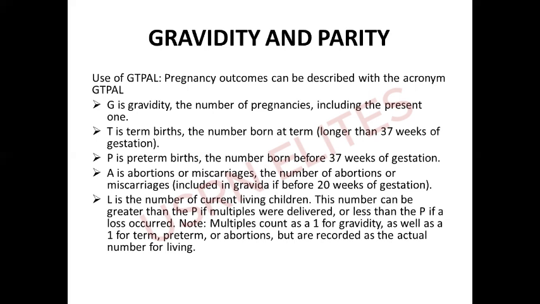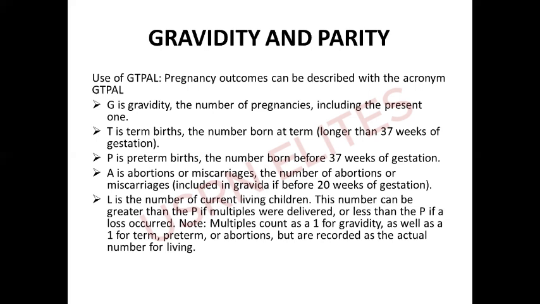So we also have abortion. Abortion or miscarriage is any delivery occurring before the 20th week, and it is termed abortion or miscarriage for the purpose of NCLEX. Let's stick to the 20 weeks of gestation.